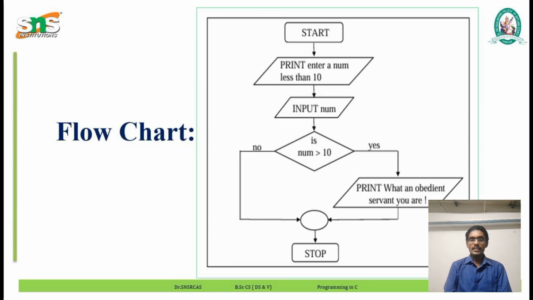The flowchart for the simple if is given for your reference. Here the variable number is checked whether it is greater than or equal to 10. If the condition is true, then the print statement "what an obedient servant you are" on the right side will be printed. If the condition is false, then it will be skipped and goes to the end of the program.